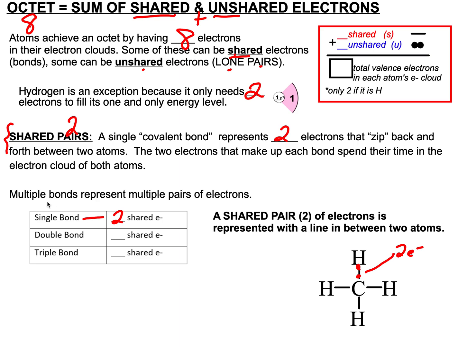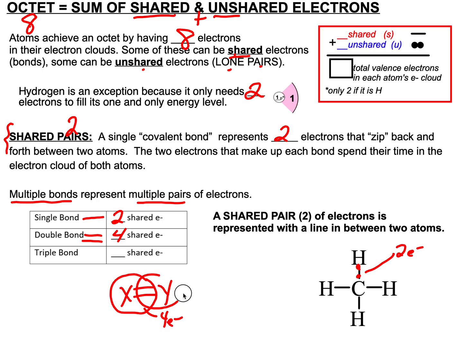Now, if we have more than one bond, multiple bonds, well, then it just means we have multiple pairs. So a double bond is just a line and then another line, 2 and another 2. That's a grand total of 4 shared electrons. So if we have element X and Y and we have a double bond between them, we know that they're going to share 4 electrons. 4 electrons are going to travel here, and then 4 electrons are going to travel there.